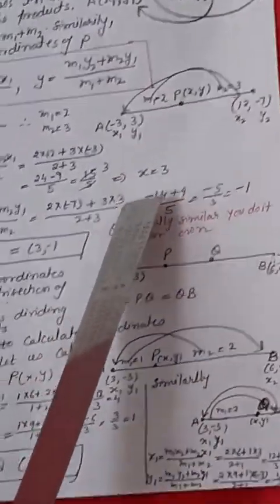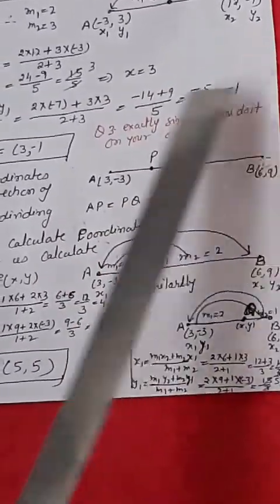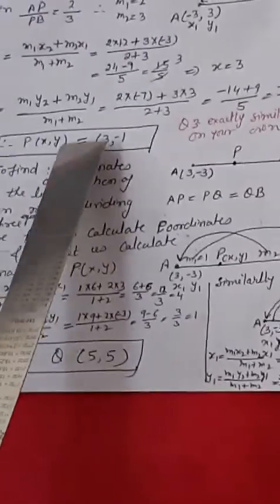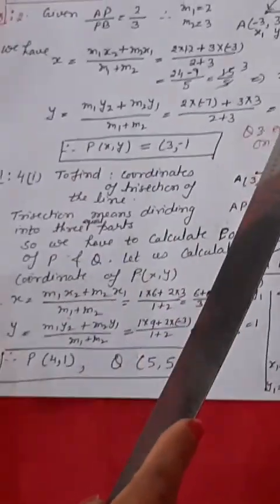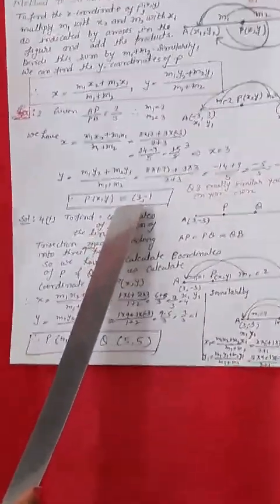So 3 into 3. That gives minus 14 plus 9. Just solve it: minus 5 upon 5 is minus 1. It means we got the coordinate of the division point P of line AB, x comma y, as 3 comma minus 1, put in brackets. So this is your answer.